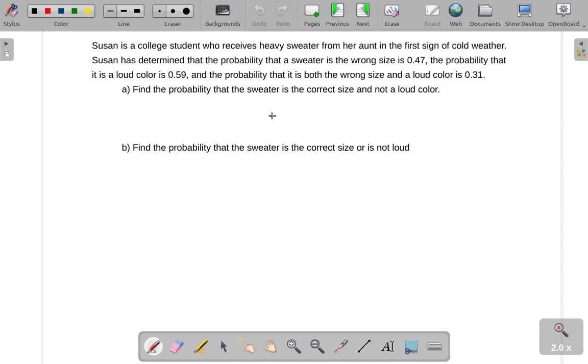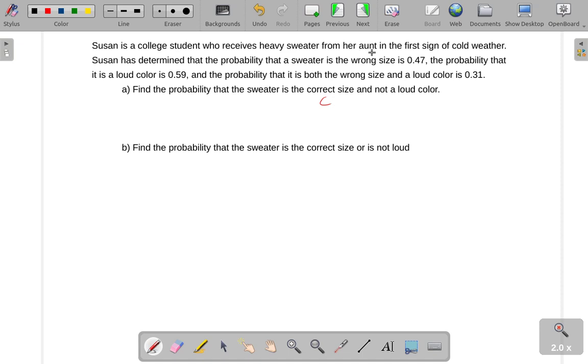Let's define some events here. Calling it correct size or wrong size, and loud color or not a loud color, you probably could do it that way, but let's go ahead and define some events. I think C makes more sense as an event.